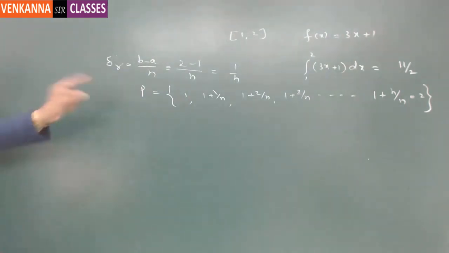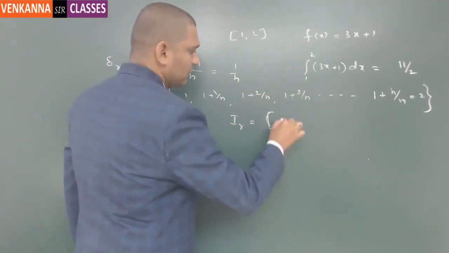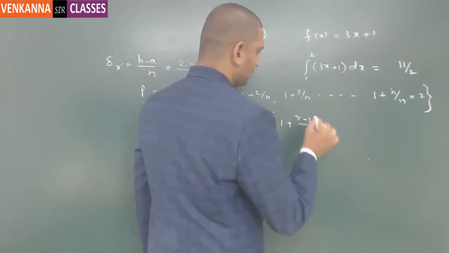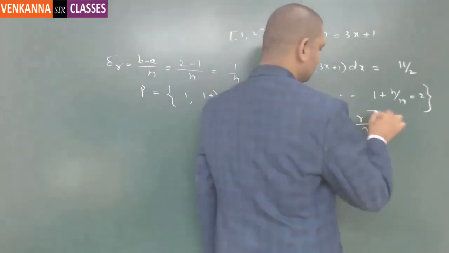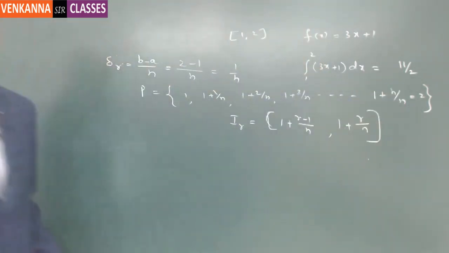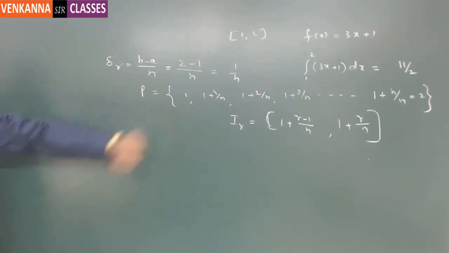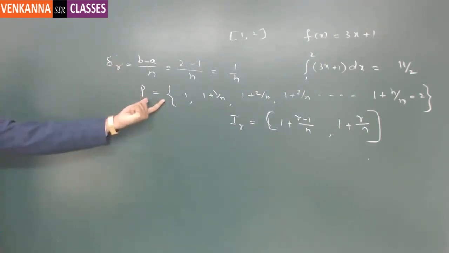So if you take any arbitrary subinterval I_r, it will be [1 plus (r minus 1) by n, 1 plus r by n]. So the rth interval will be written like this, and this is the length of the rth subinterval, and this is the partition we have considered.